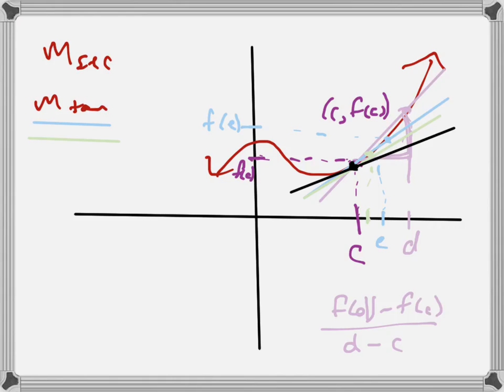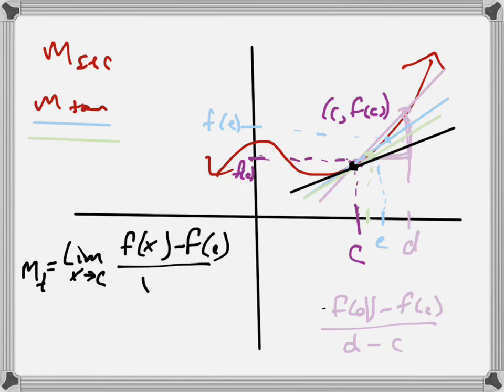So here's a formula that you've seen. The slope of the tangent line equals the limit as x goes to c of f of x minus f of c all over x minus c. Think about what this is saying.